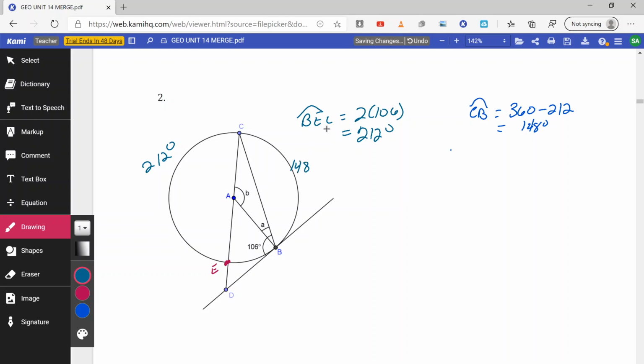Now the angle measurement of B there, we know it's a central angle, because we are given point A as the center. And central angles are the same as the intercepted arc. So angle CAB has an intercepted arc of 148 degrees, so that angle is going to be 148 degrees.